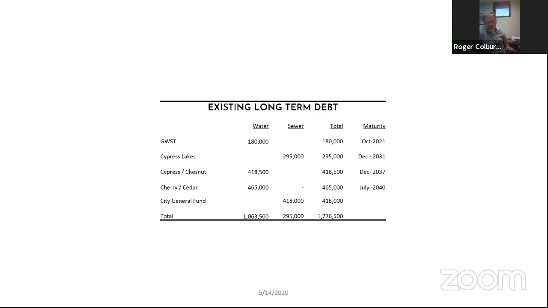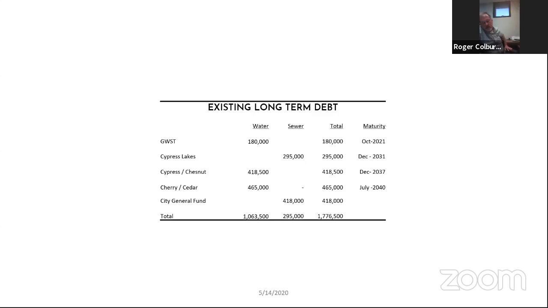So you can see the debt that we have right now on the books. The first one, GWST, is the groundwater storage tank, and we owe $180,000 on that, and it is set to mature in October 2021. The principal payment during this budget year is $120,000.